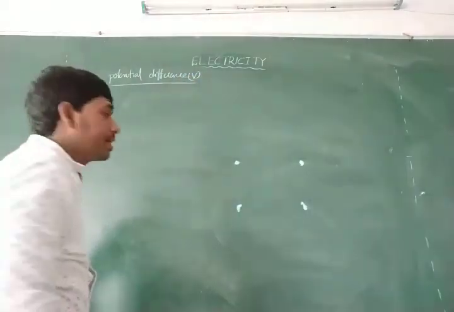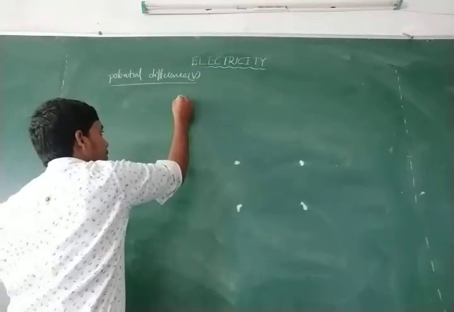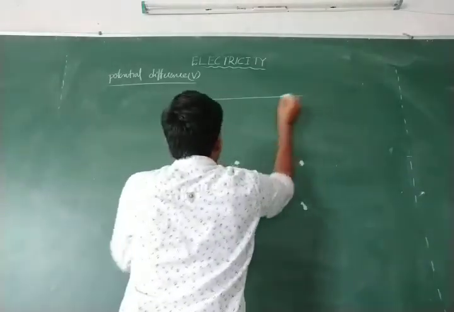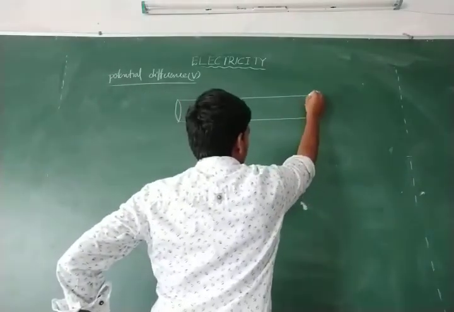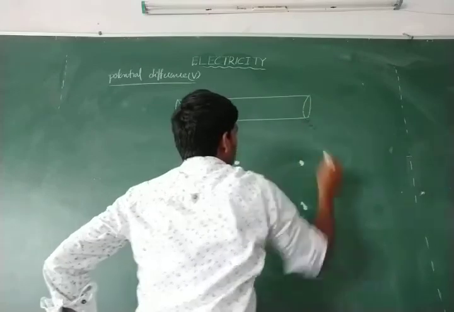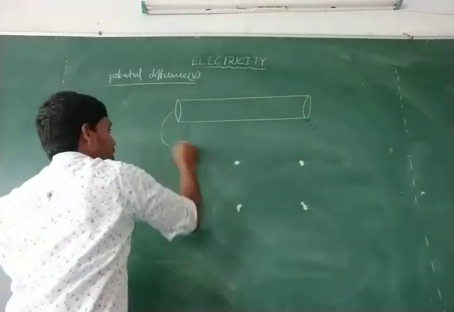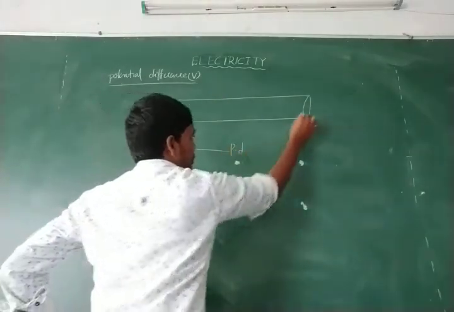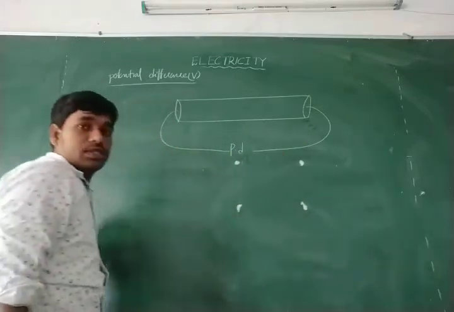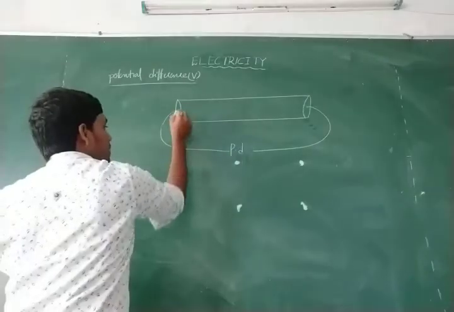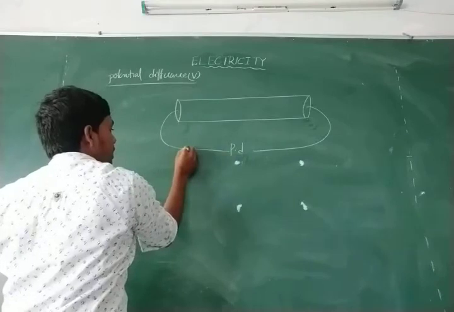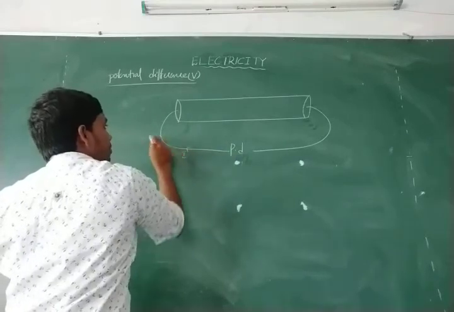Let us take a conductor. This is one conductor, to which we connect a battery, that is a potential difference. When the potential difference is connected, a current I flows through it.